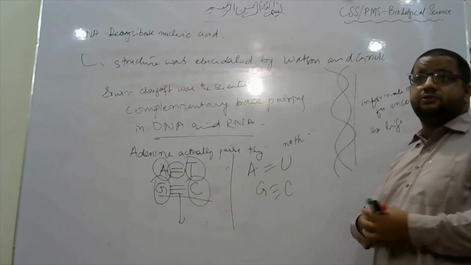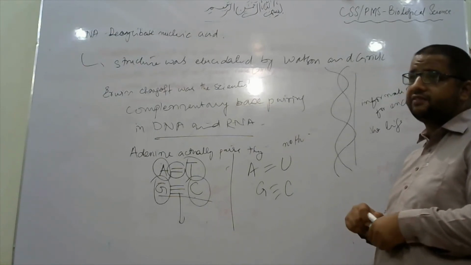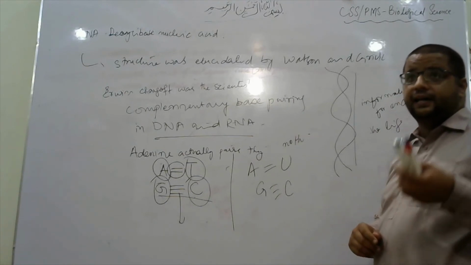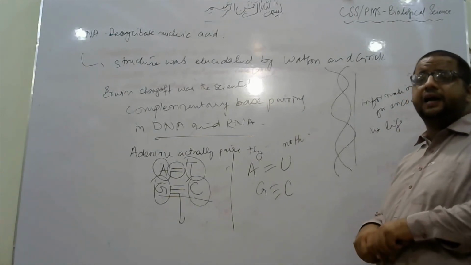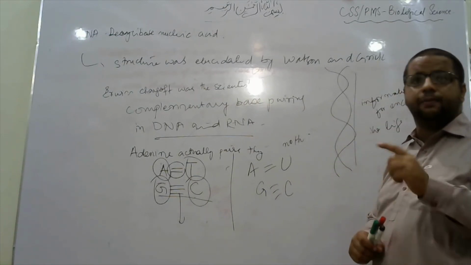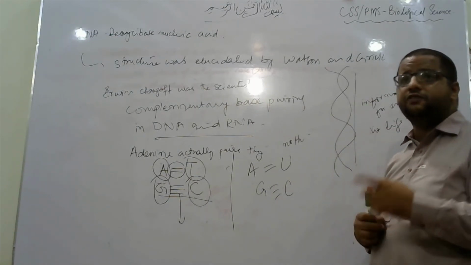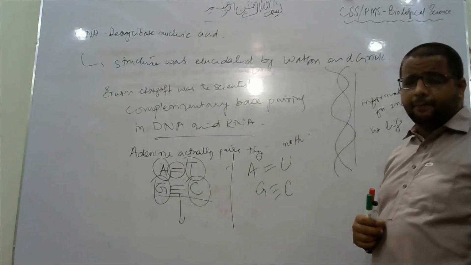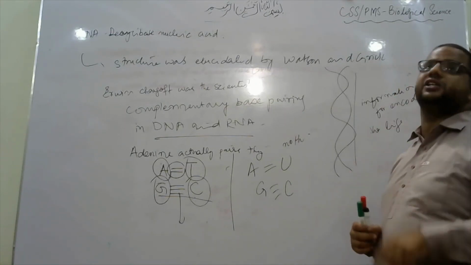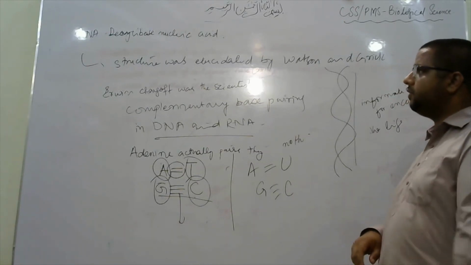There are three main types of RNA present in the cell: transfer RNA, messenger RNA, and ribosomal RNA, which forms part of ribosomes. Ribosomes help in protein synthesis, in the process of translation. We are going to discuss that in detail.